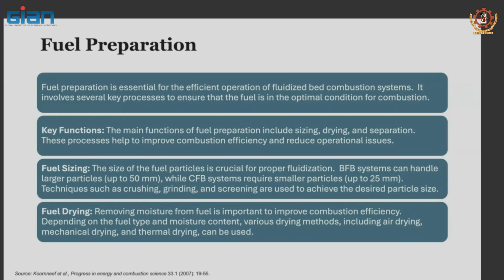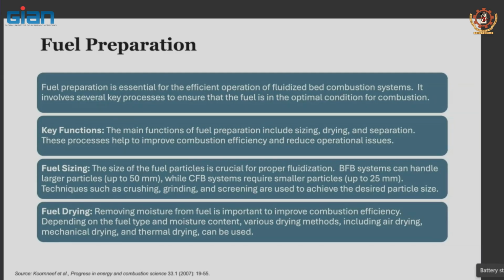We want it to evaporate because, as it evaporates, it opens up the pores inside the fuel, allowing for oxygen penetration. But when you have a lot of it, it remains there too long and inhibits oxygen penetration. So drying is important, and as I said, separation of non-combustible materials is important before it's fed into the system.